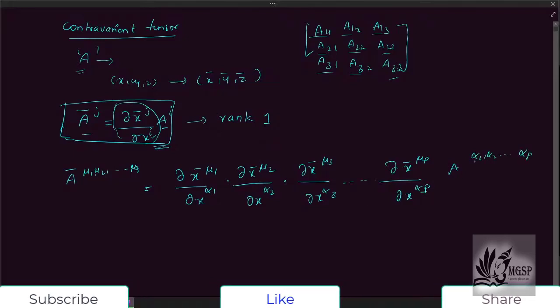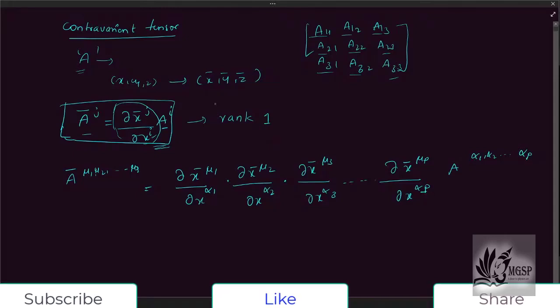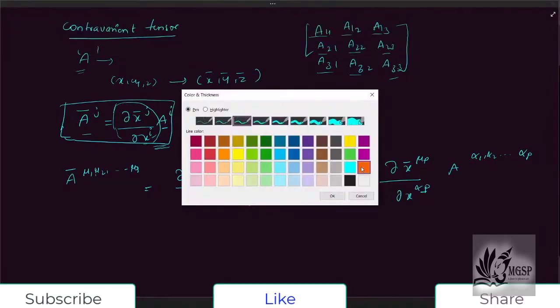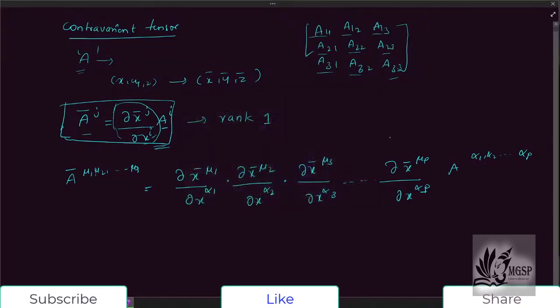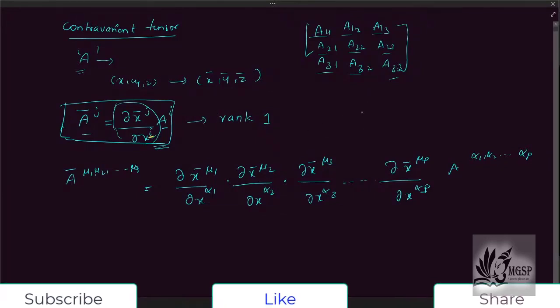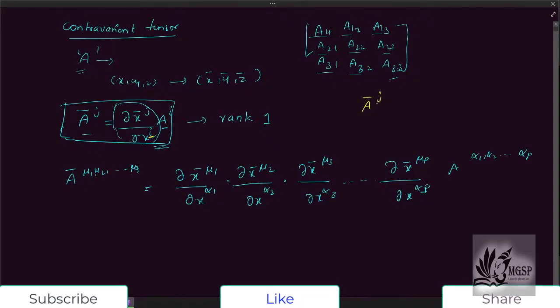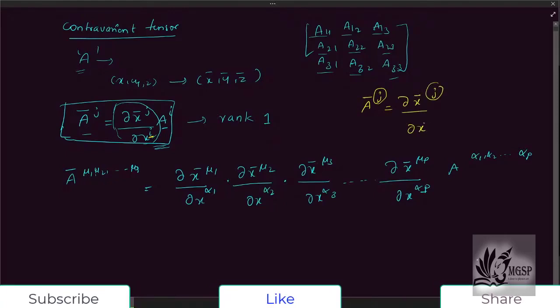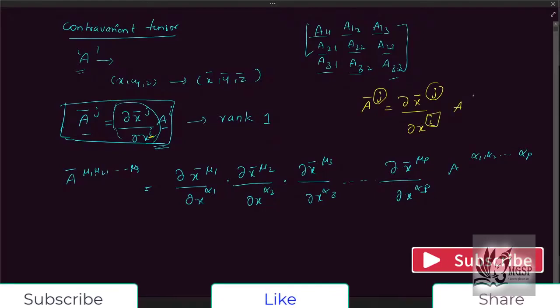You can see here, in A bar j, this has the j component, and ∂x bar also has the j component, and ∂x_i, you have to note this is i, and A_i.